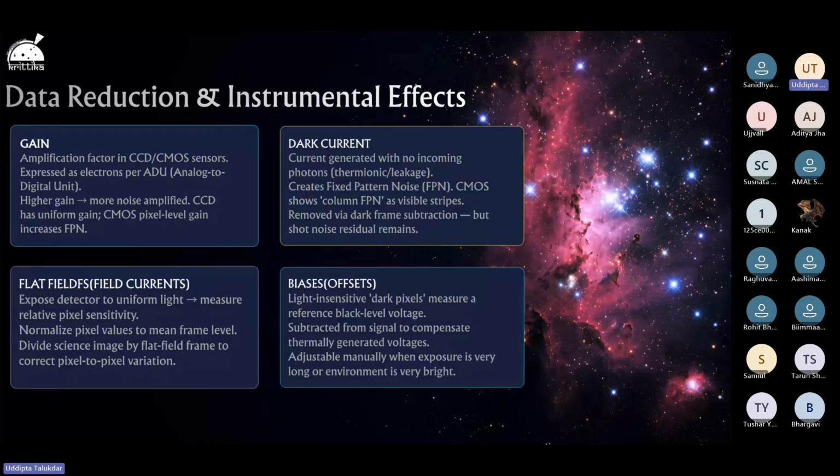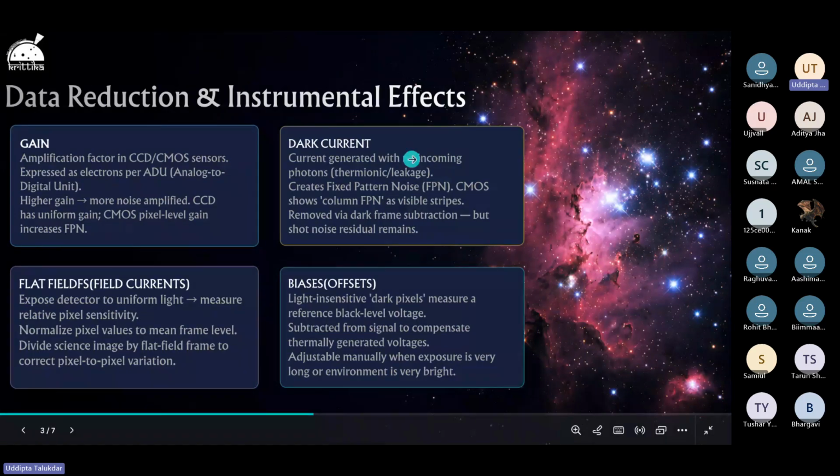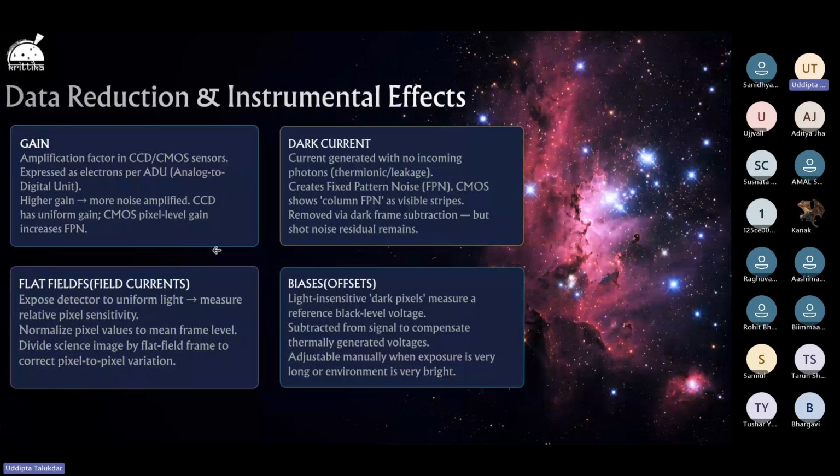You normalize this frame to its mean value, then we divide the science image by it. Now all pixels are on equal footing. So why are we dividing here and not subtracting like dark frames? Because sensitivity variation is multiplicative.